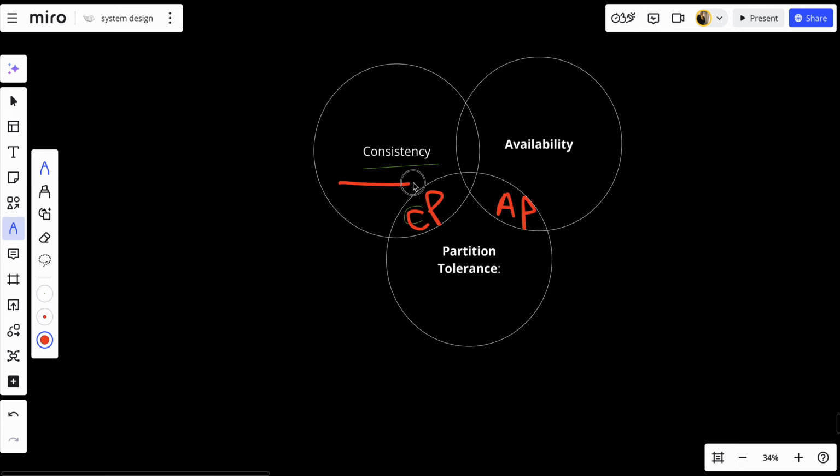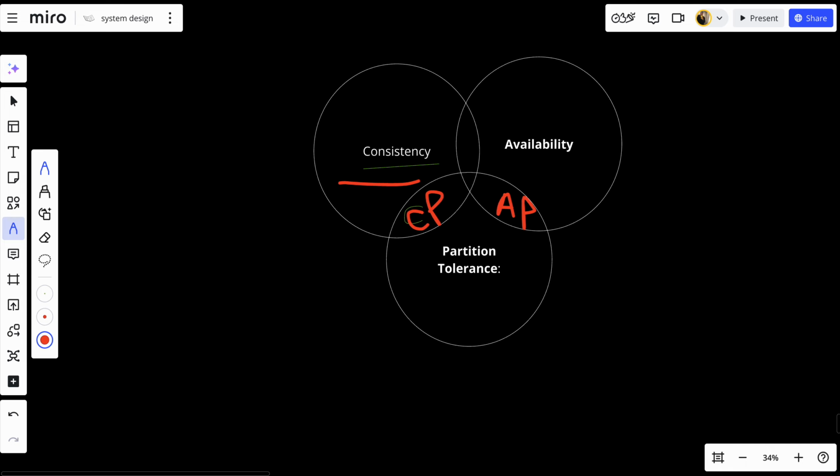If consistency and partition tolerance are chosen, the system will ensure that all nodes have the same data, but it might sacrifice availability during a network partition. An example of this would be a system that prioritizes data integrity over time, like a financial application where correctness is critical.